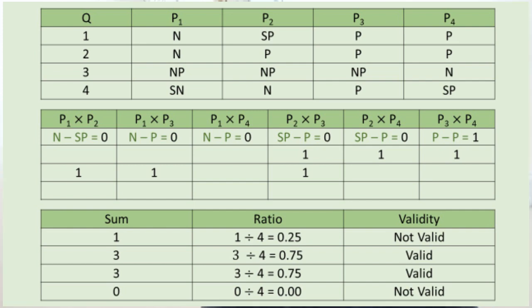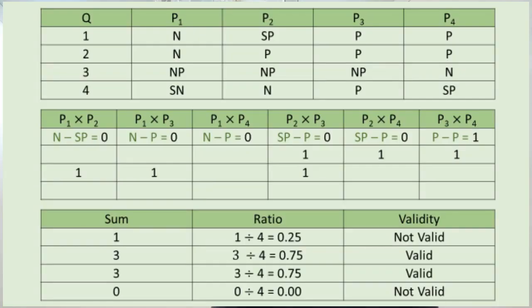But for the sixth pair, where we have paired the responses of P3 and P4 for question 1, their answers are both categorized P, positive. So we denote that as 1. And you'll do the same process from question number 1 until you reach question number 4. And that's the completion of the extension of our table.